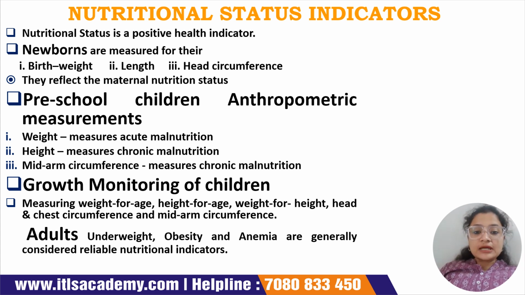Because iron is something that we need to supply to the body through diet, through whatever food we are consuming. So if there is not a sufficient amount of iron in our diet, then obviously we will be suffering from anemia. And it's more in case of females. Why? Because females already have less hemoglobin, less RBC in comparison to males, so they're more prone.